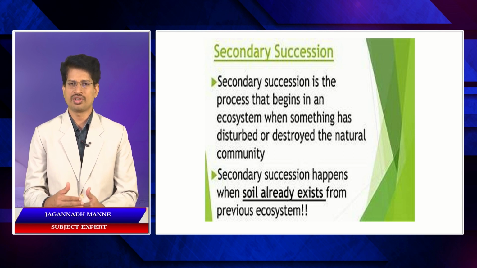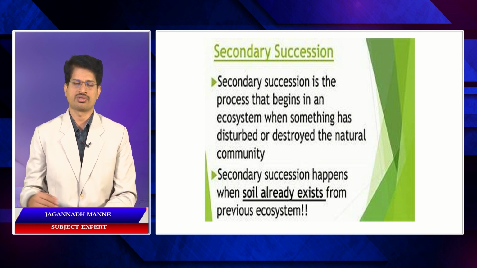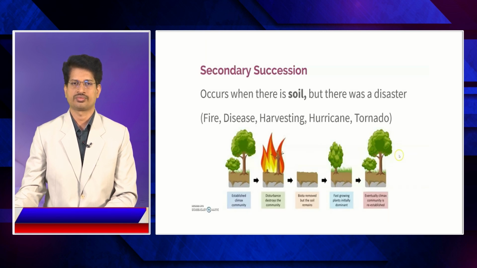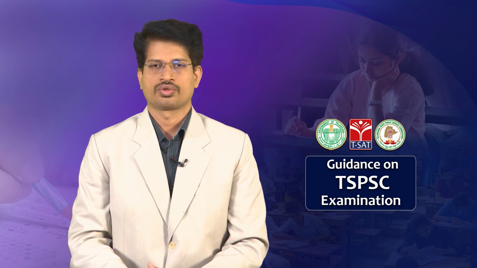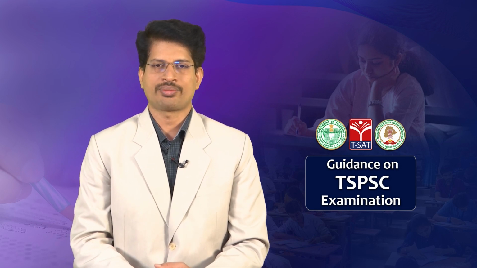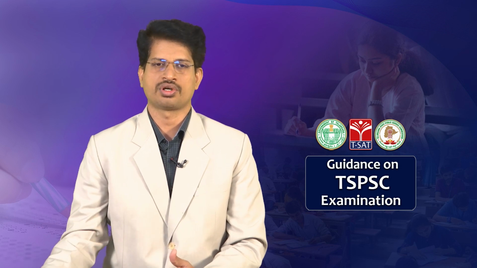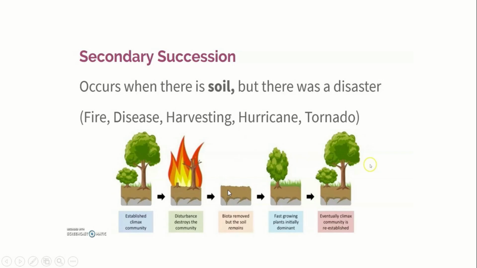So when a previous ecosystem exists at that particular place, secondary succession happens after the destruction of the existing species or biodiversity. This happens because of a disaster, and then regrowth happens. The existing ecosystem is destroyed, and later it regrows, leading to secondary succession.